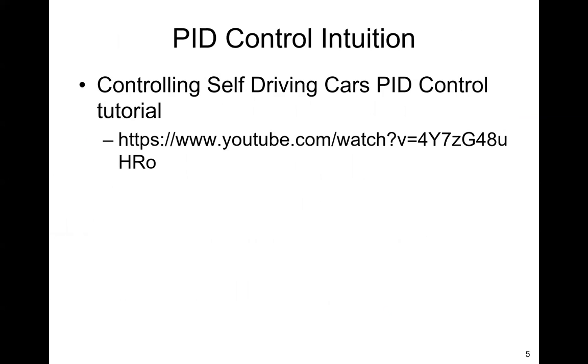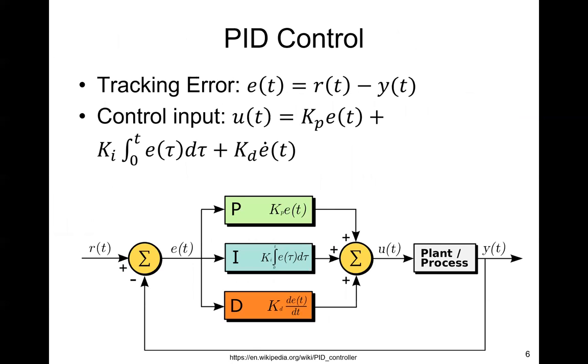So we saw this video to describe the intuition behind PID control. So you have a P term where the control input is proportional to the error, and I term where the input is proportional to integral of the error up to time t, and derivative term where the input is proportional to the derivative.